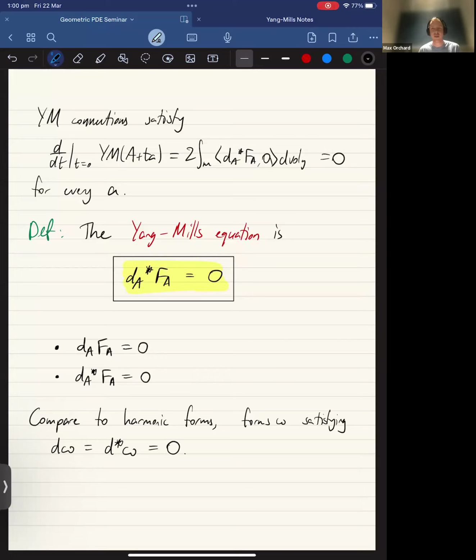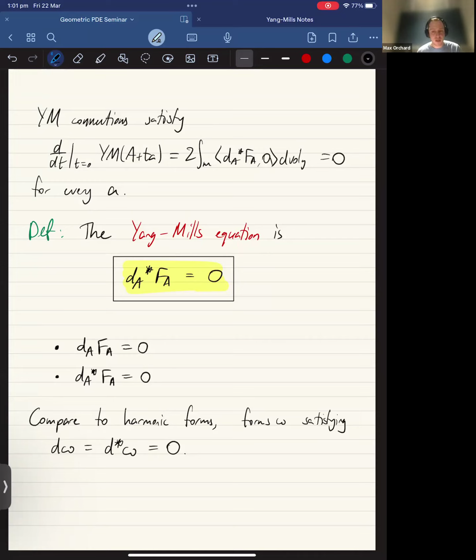In Hodge theory, we look at a differential form and we try to find a harmonic representative in the de Rham class of this. Essentially, Yang-Mills theory is looking at a harmonic representative in the space of all possible connections on your principal bundle, in the sense that you have to satisfy these two differential equations that involve the covariant derivative and its adjoint being equal to 0.